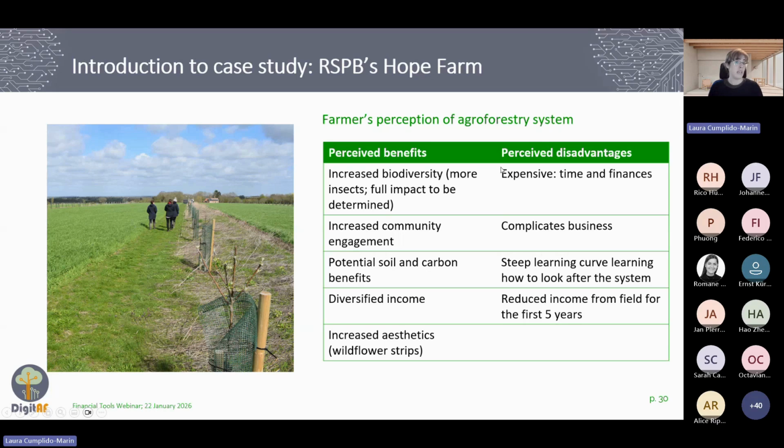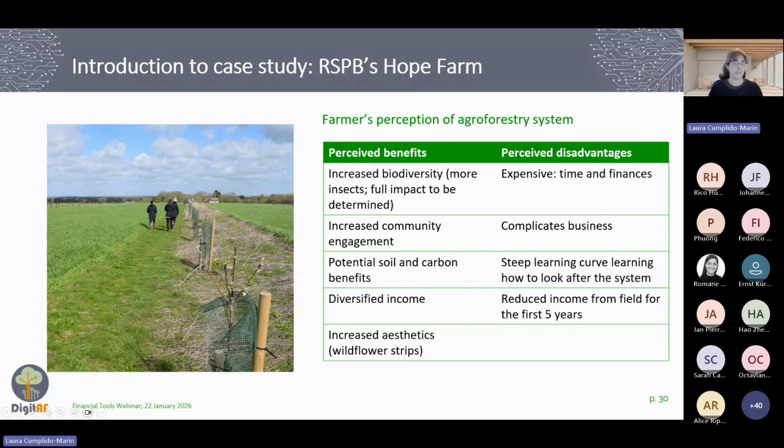And the disadvantages, the main one is that it's expensive to establish, and it takes time, and it takes finances. It complicates the business slightly, and it was a steep learning curve for them to learn how to look after the system. And of course, there is a small reduction of income from the field in the areas where the tree strips are, and they can't be cropped anymore for the first 5 years.